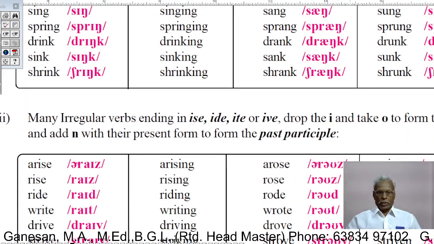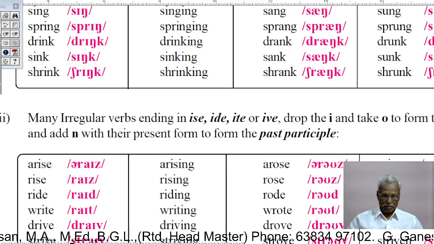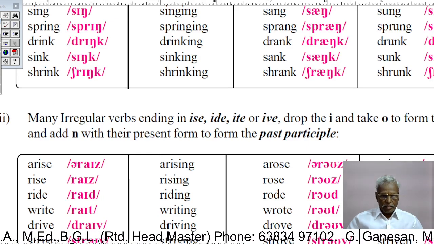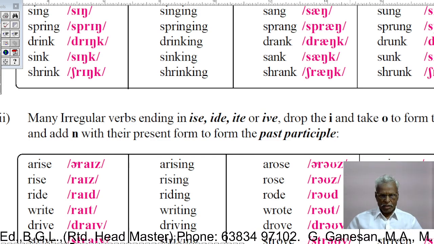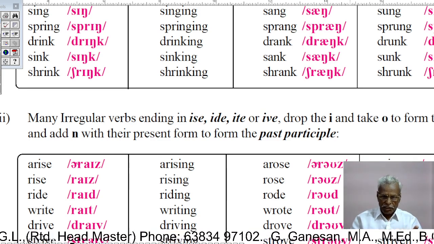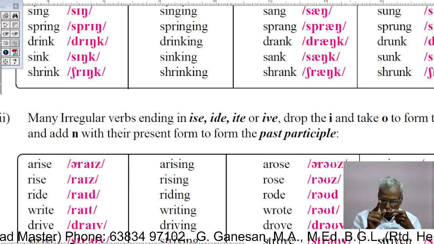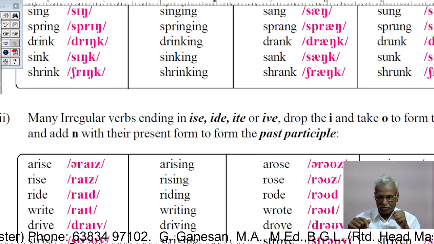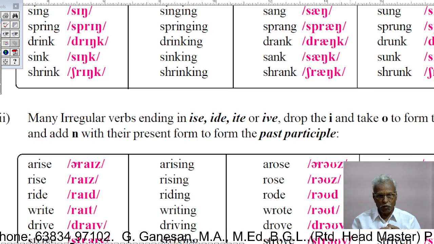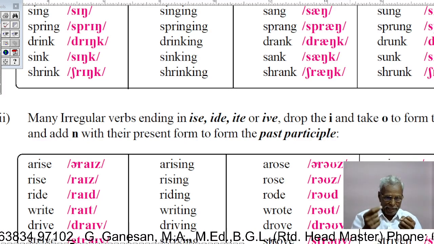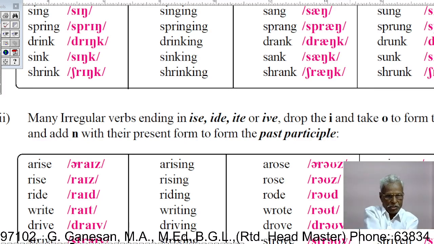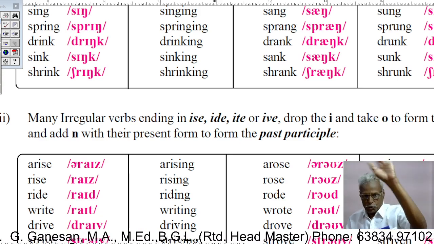Let us move to the 12th one. Many irregular verbs ending in ISE, IDE, ITE or IVE drop the I and take O to form the past tense and add simply N with the present form to form the past participle.